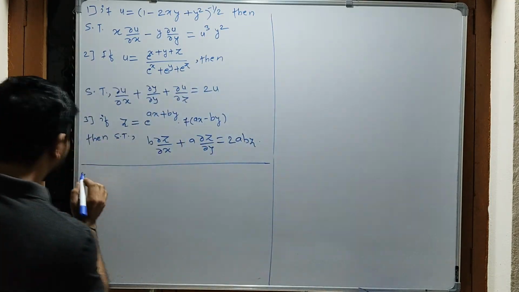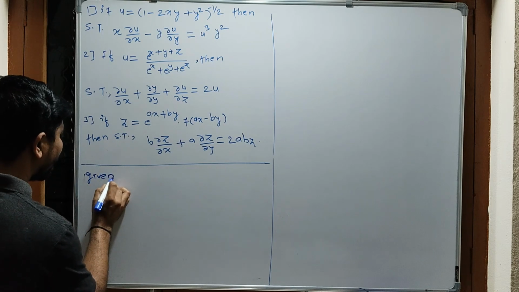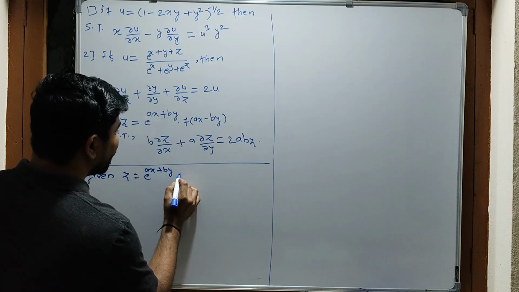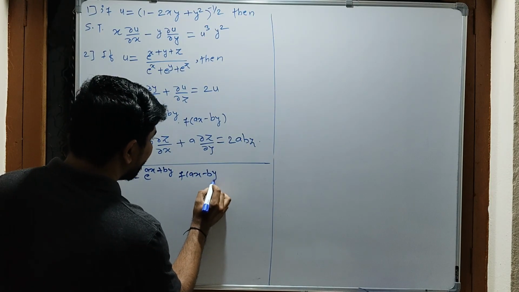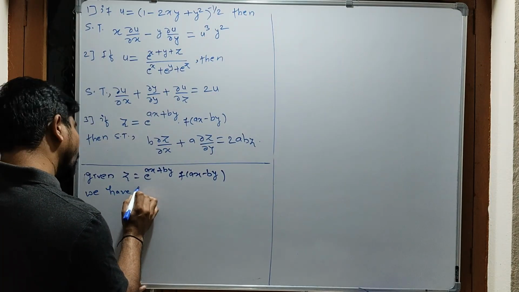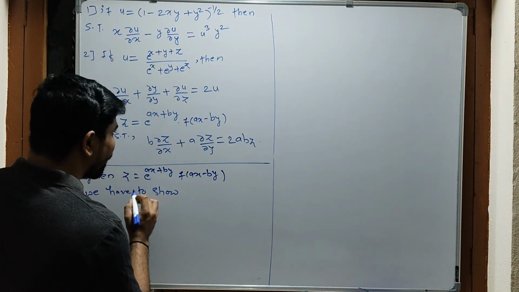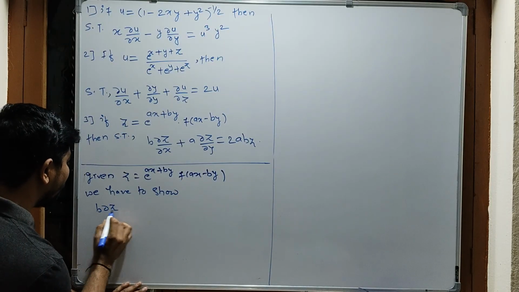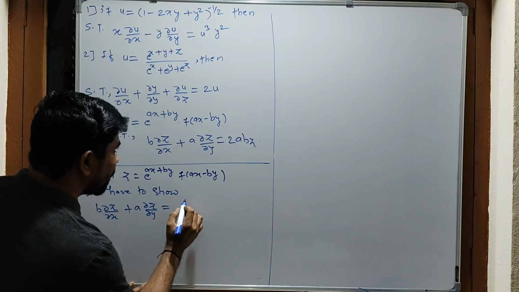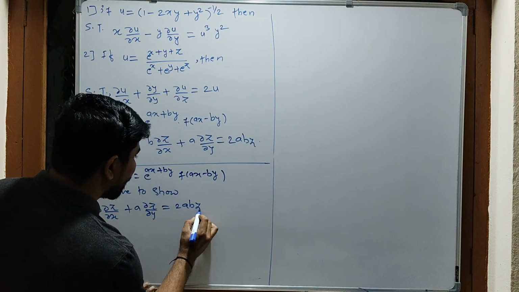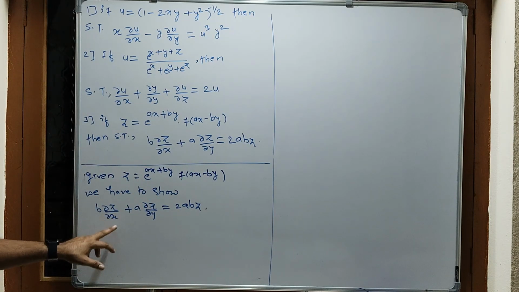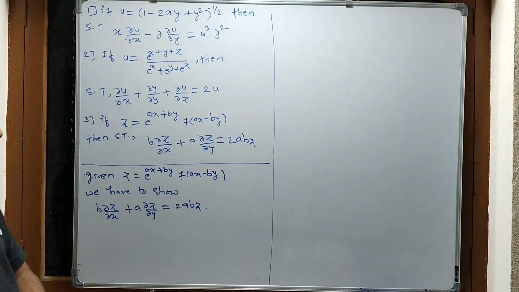Given z equal to e to the power ax plus by into f of ax minus by, and we have to show that b times dou z by dou x plus a times dou z by dou y equal to 2 times a b z. Now this is the given information. I have to show b times dou z by dou x plus a times dou z by dou y equal to 2 times a b z.